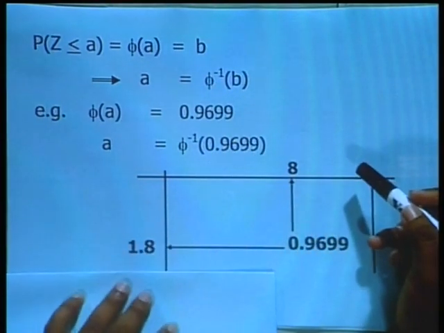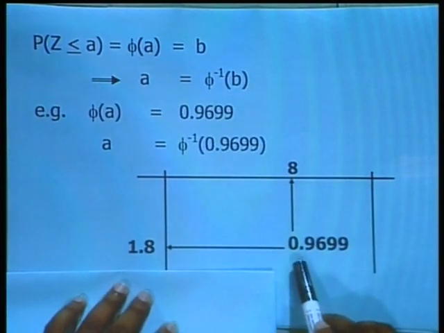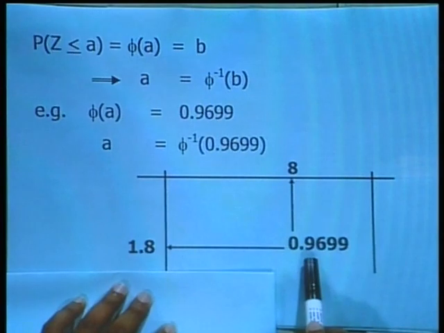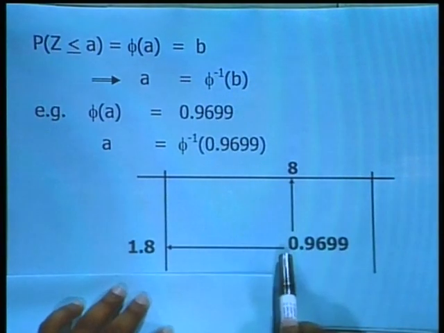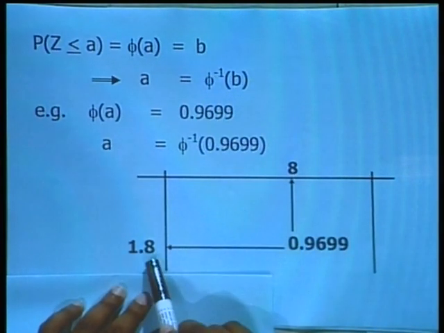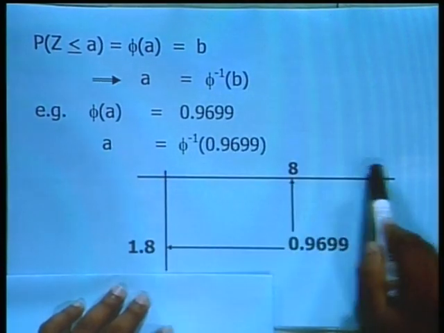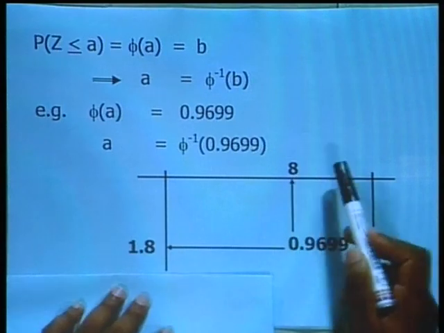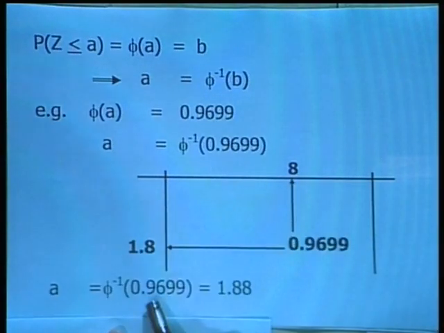In order to do that, we must locate the value of phi, which is 0.9699, first, and then read the value of z in the first column and the top row. It is 1.88. So phi inverse of 0.9699 is 1.88.